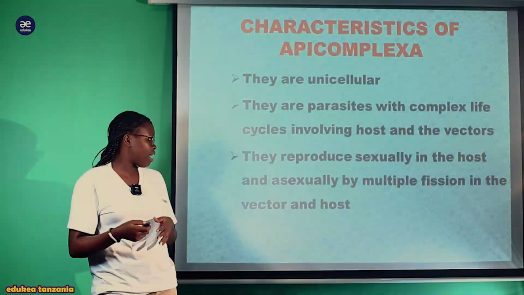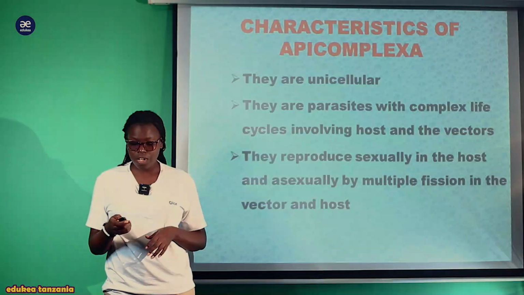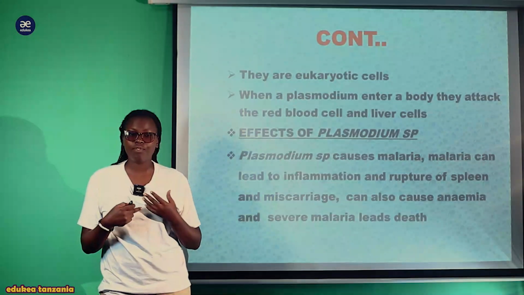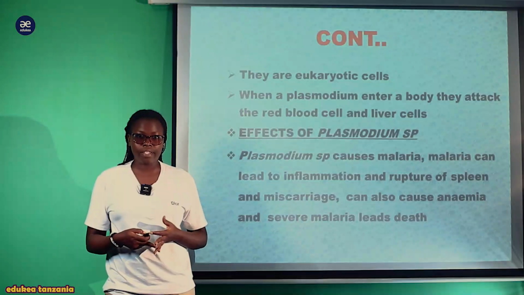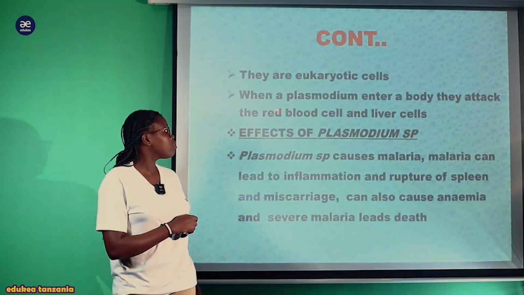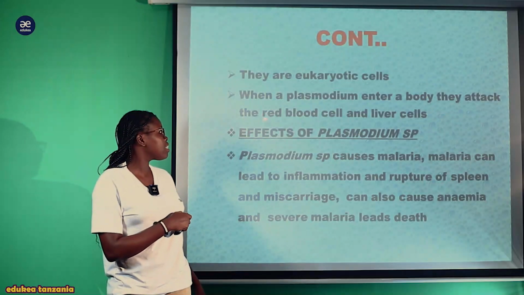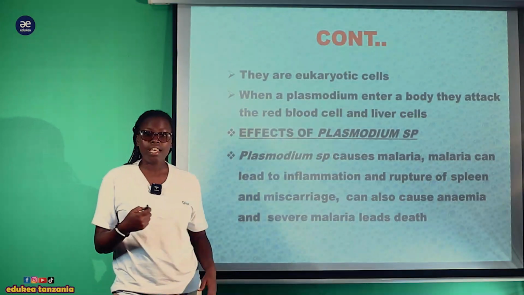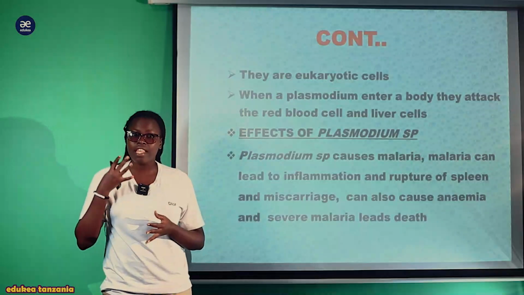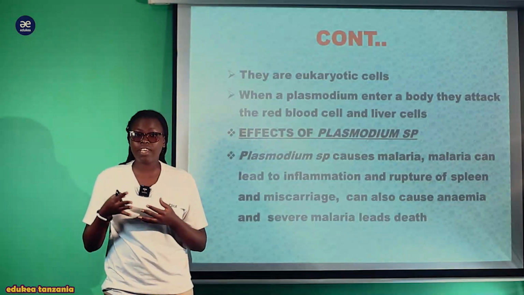Also, they are eukaryotic cells, meaning that they have a nuclear membrane. When Plasmodium enters a body, it attacks the red blood cells as well as the liver cells. So Plasmodium are host specific, meaning that they invade a particular kind of cell.